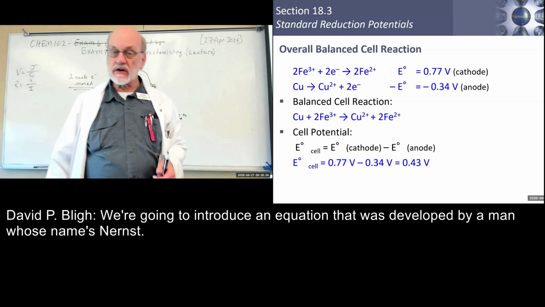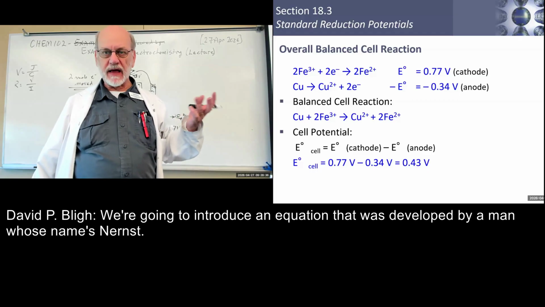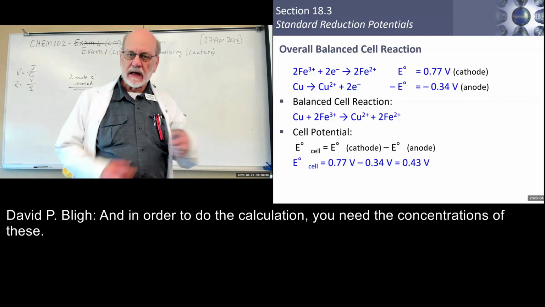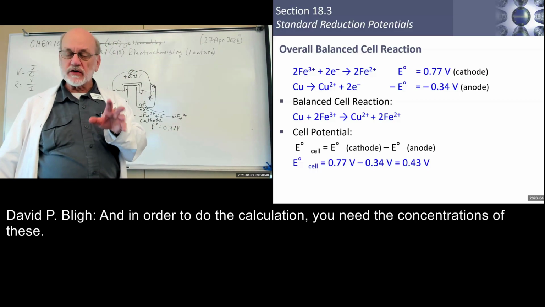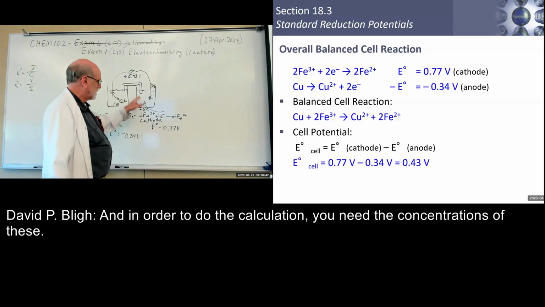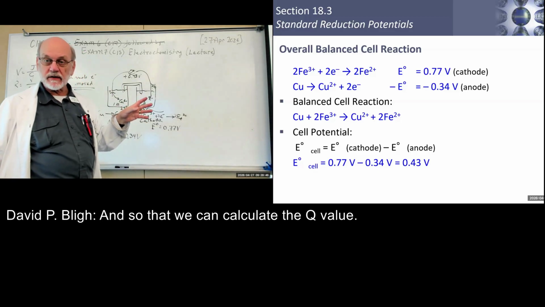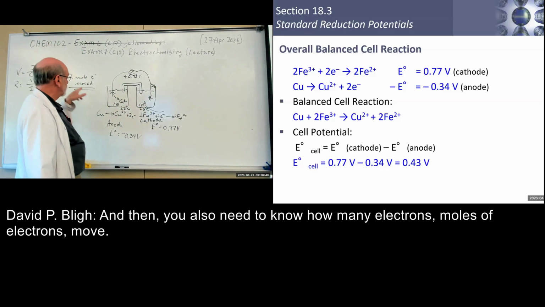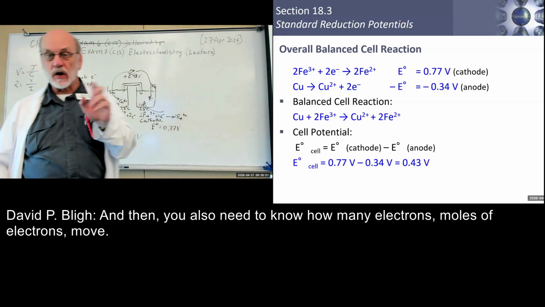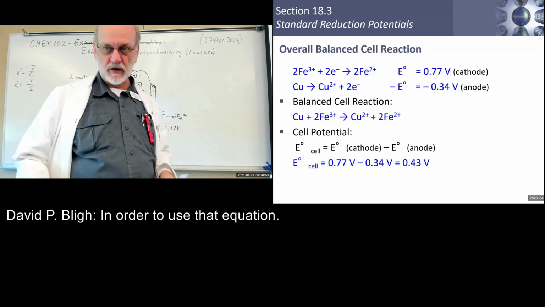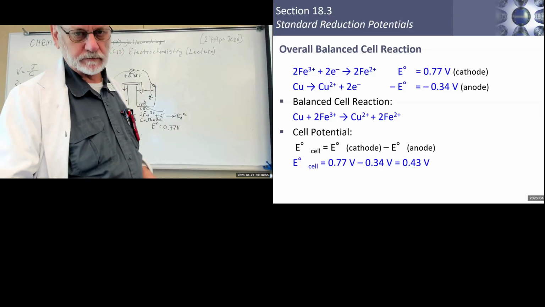We're going to introduce an equation that was developed by a man whose name's Nernst. And in order to do the calculation, you need the concentrations of these, so that we can calculate the Q value. And then you also need to know how many moles of electrons move in order to use that equation.